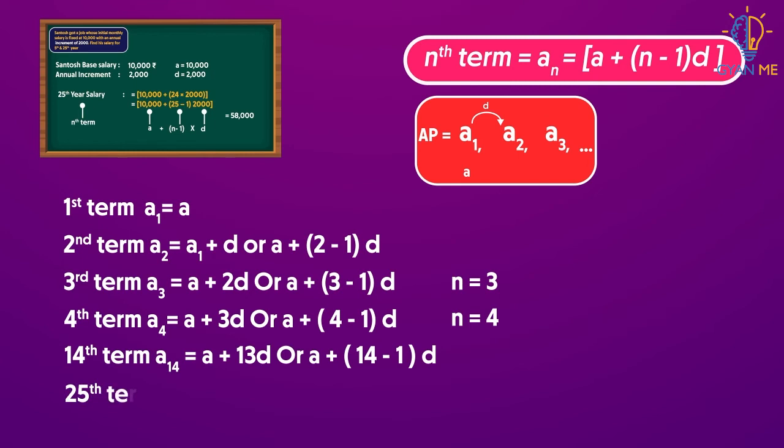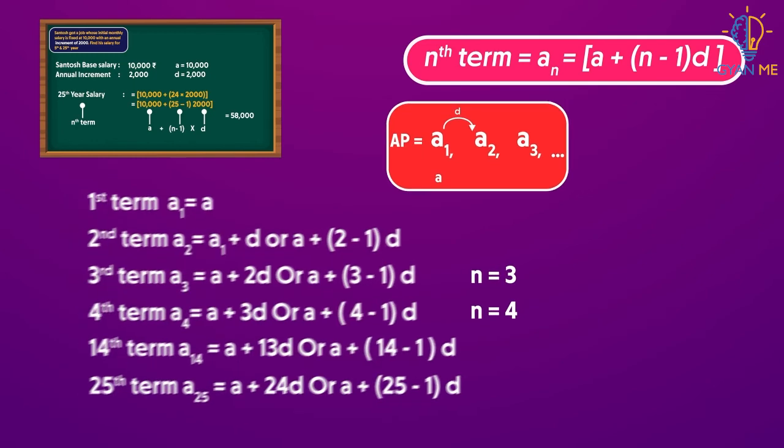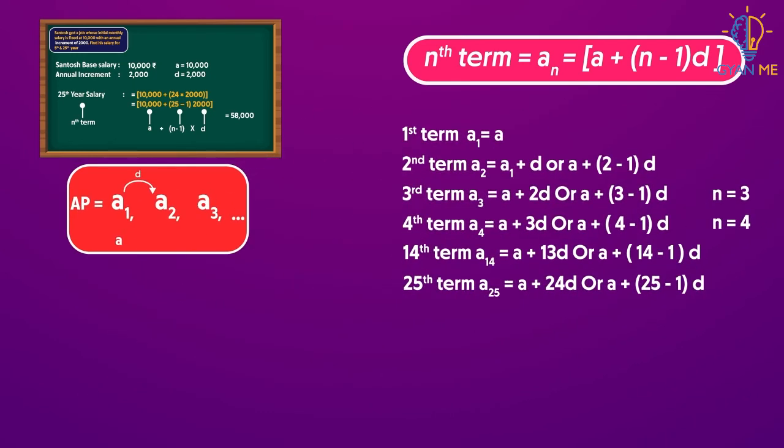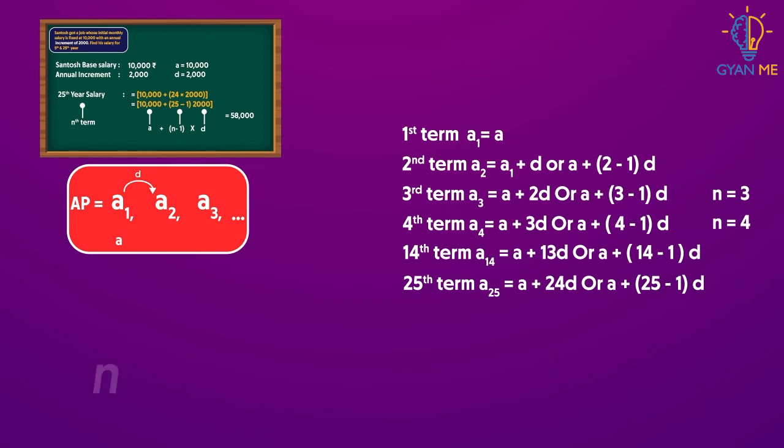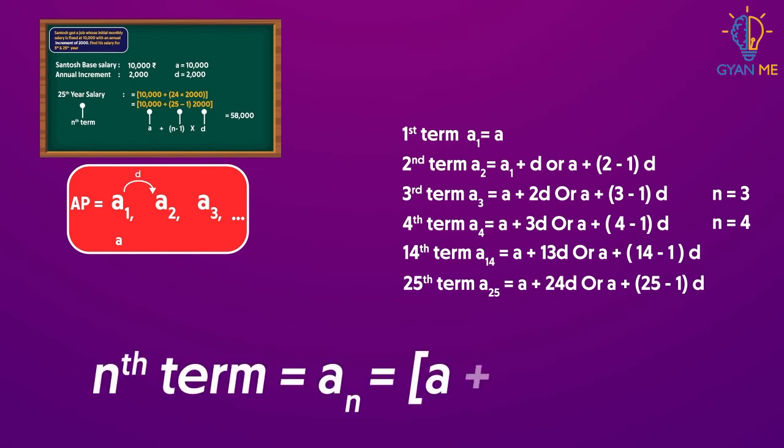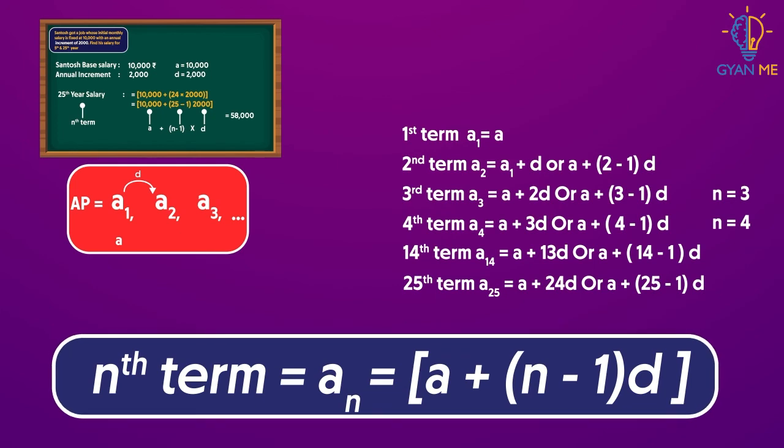It will be A plus 24D, or A plus 25 minus 1 times D. Now, based on this logic, we can write formula for any nth term of this AP. And what will it be? Nth term An will be equal to A plus n minus 1 times D. And this is the formula to find the nth term of AP.